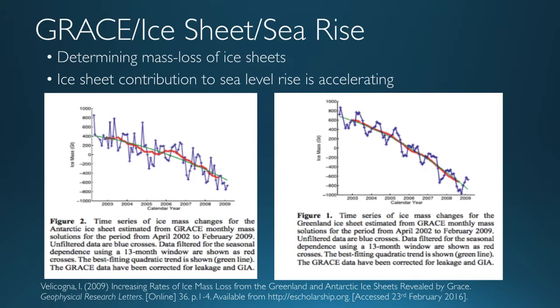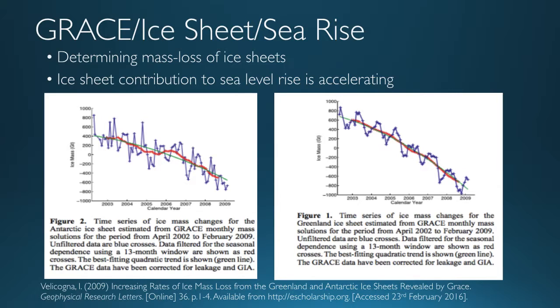They also used an averaging function that minimizes the combined measurement error and signal leakage. So they were finally able to obtain a time series for the ice mass changes calculated from GRACE monthly mass solutions from April 2002 to February 2009.